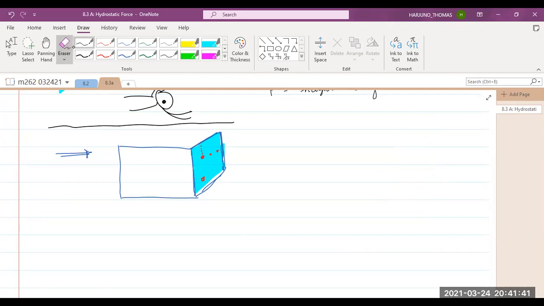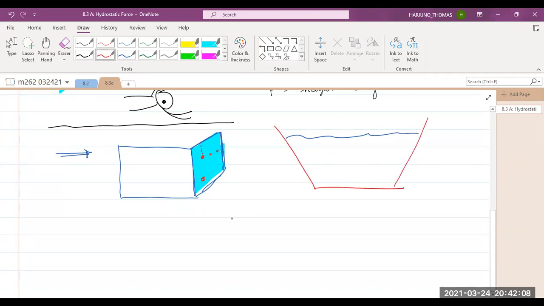Now, how do we compute the pressure, and therefore the force, experienced by a wall? Let's say this is the surface of the water, and this is the container.